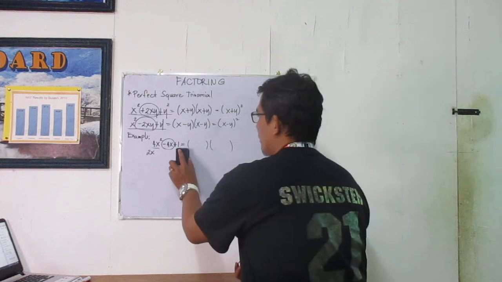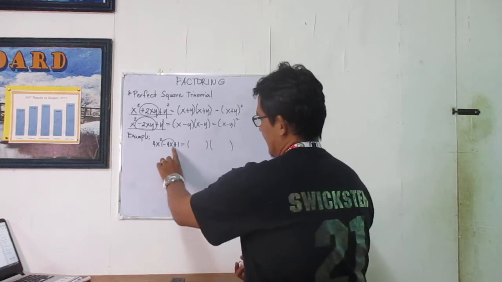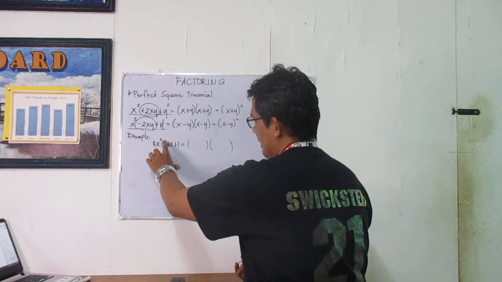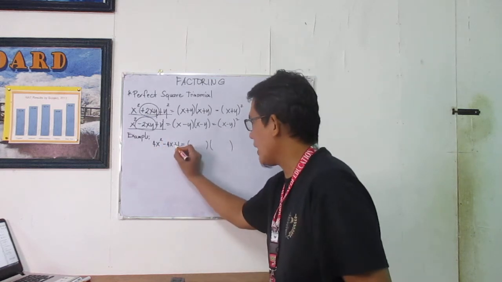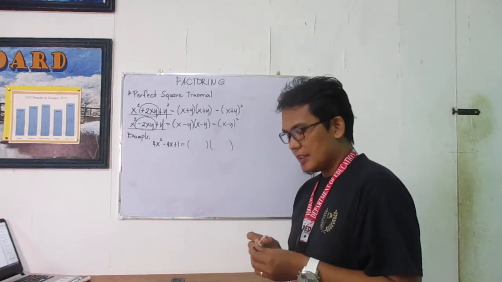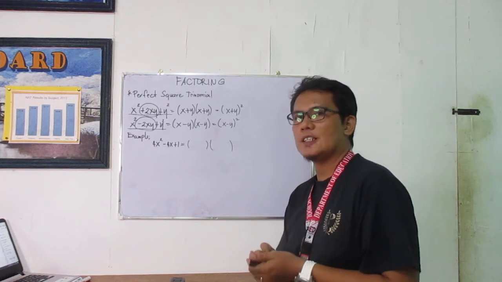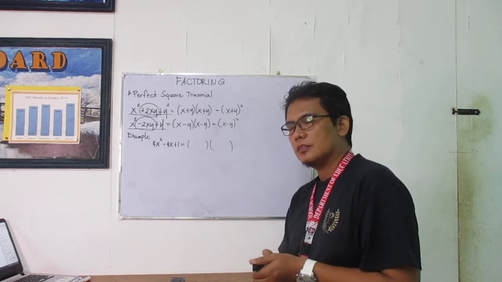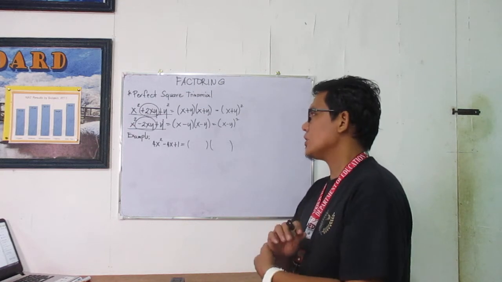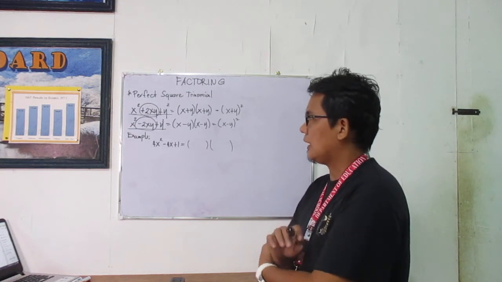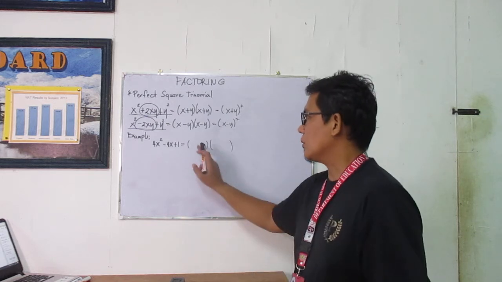In factoring a perfect square trinomial, it's very easy. If the given expression is a perfect square trinomial, all we have to do is just focus on the first and the last term. Why do I say focus on the first and the last term? Because those are the only terms that we're going to solve in order for us to get the correct answer.